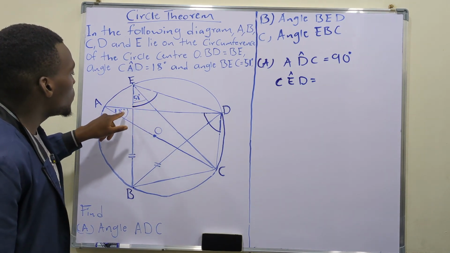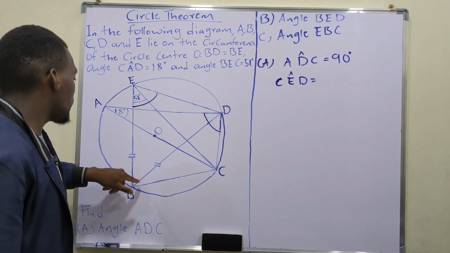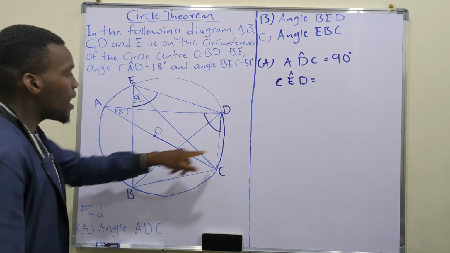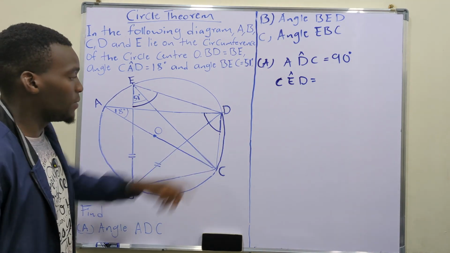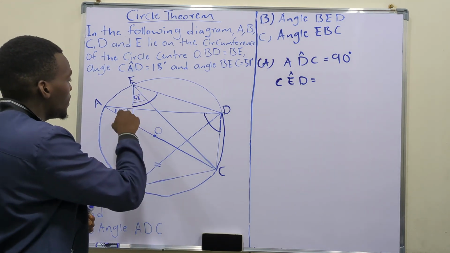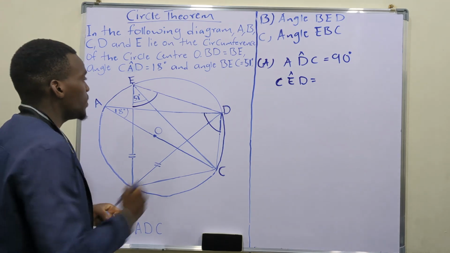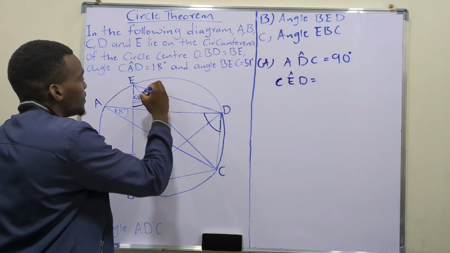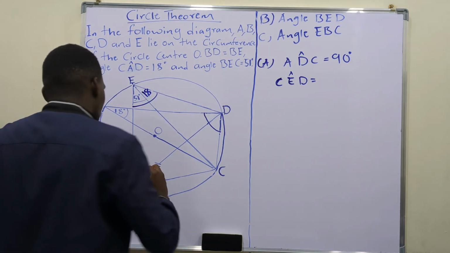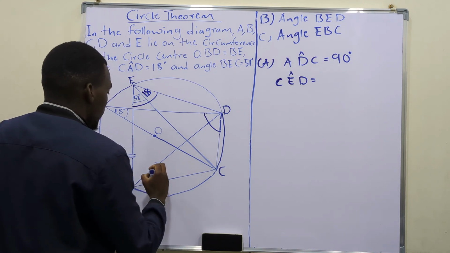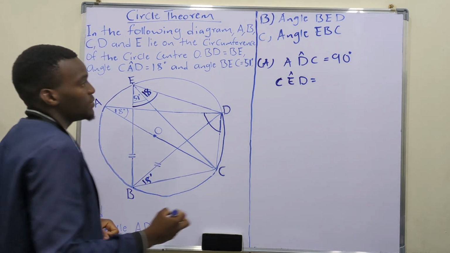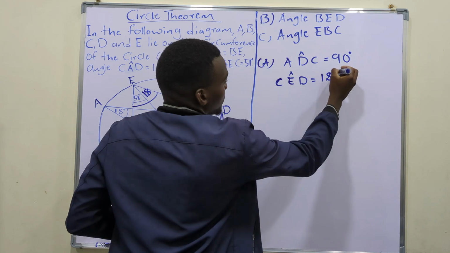it will be equal to the angle here as well as the angle there. Angles on the same segment. So this angle here, this angle here, this angle here are subtended from the same segment. So even this angle here will be 18 degrees. Even here we also have 18 degrees. Angles on the same segment. So this is 18.